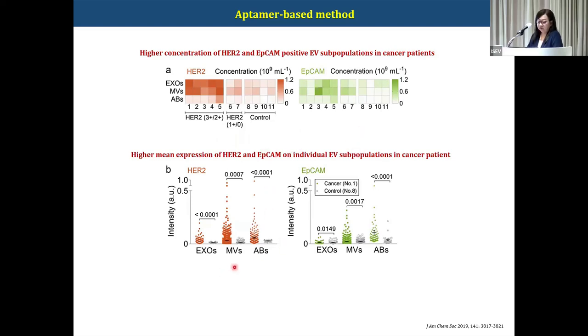In the second figure, it compares the expression levels of HER2 and EpCAM on individual EVs of a single cancer patient and a healthy control. The results show that most of the EVs of the cancer patient have higher HER2 and EpCAM expression than the healthy control. So this study provides an example of using a DNA-mediated approach for simultaneously sorting EV subpopulations and detecting biomarkers.